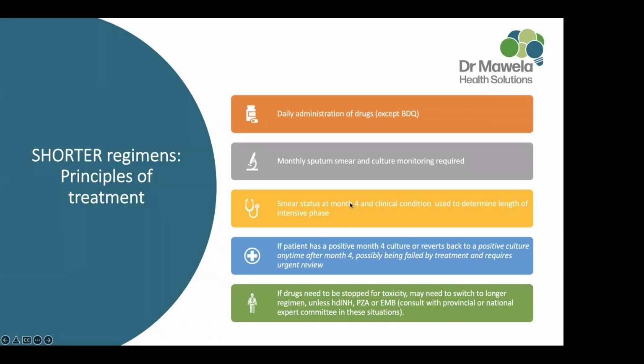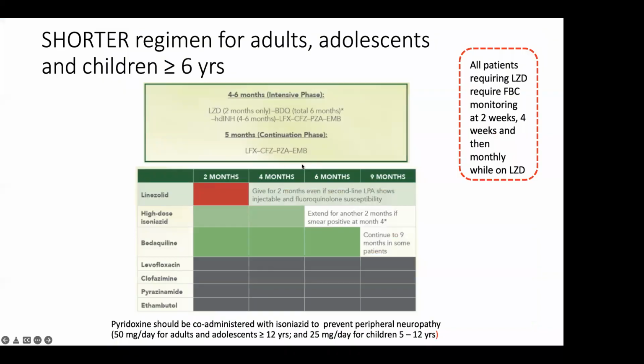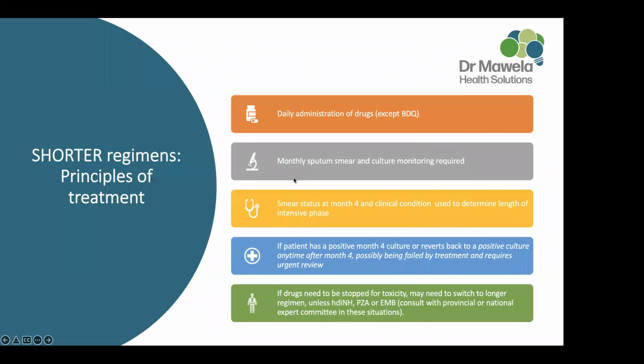The 4-month smear, so if you go back to this chart, the smear and culture you are going to take at 4 months is the one that's going to determine the duration, because if your patient has not yet converted, you don't start the continuation phase. They'll only start the continuation phase once they have converted from a positive smear to a negative smear, right?